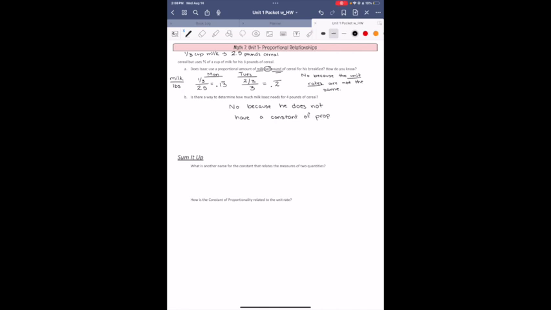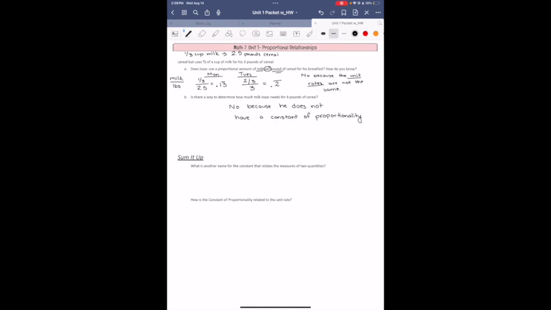In other words, that just means that as he increases the amount of cereal or the amount of milk he uses, there is no constant rate that the milk to cereal ratio is changing.